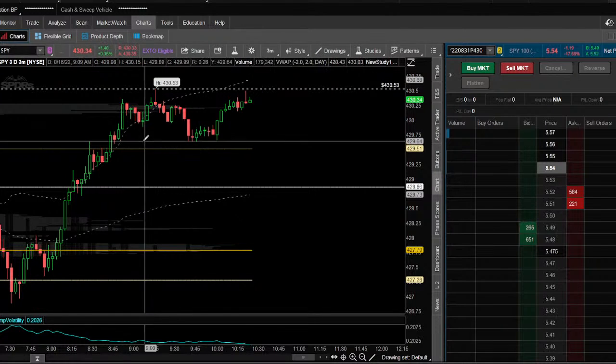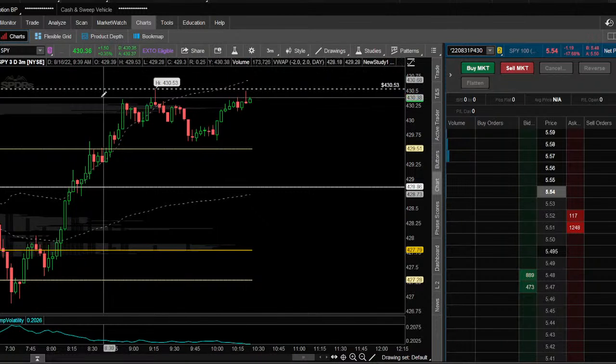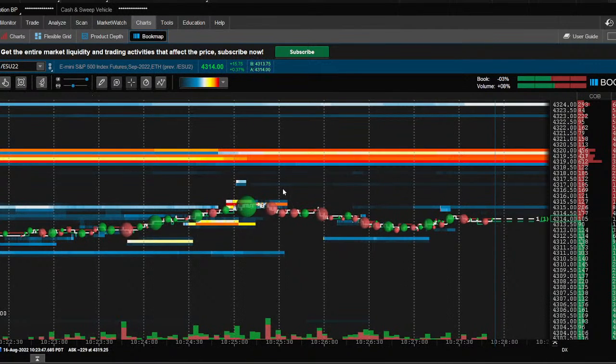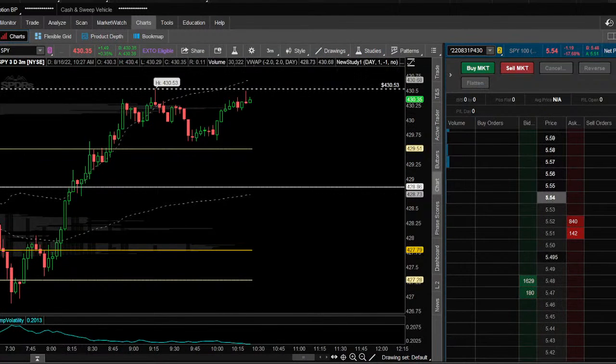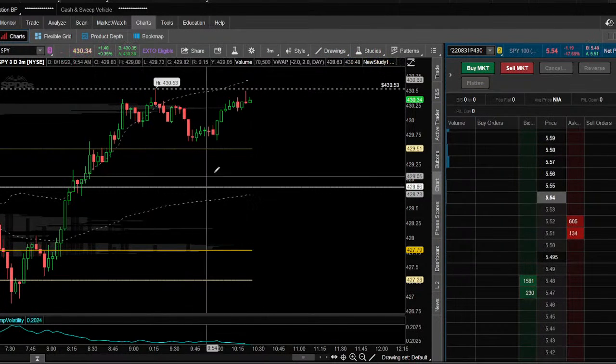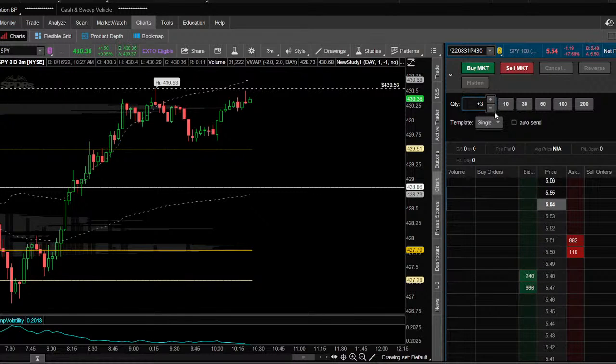And for me to try to play the breakout is not really my form of trading. It's really not my form of trading. I'm only gonna enter with 2 contracts though, so it'll be around $1,000.